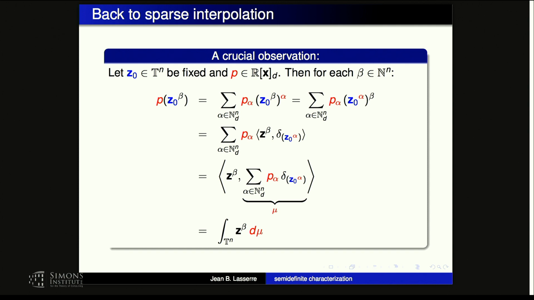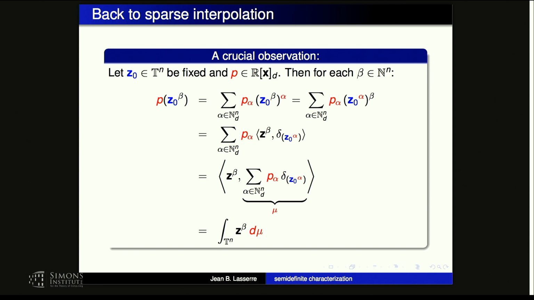If you see this as a Dirac at the point z0^alpha, this is just the evaluation of the moment beta of this Dirac. So when you evaluate the polynomial P at the power beta of the point z0, you are just evaluating the moment beta of this atomic measure.